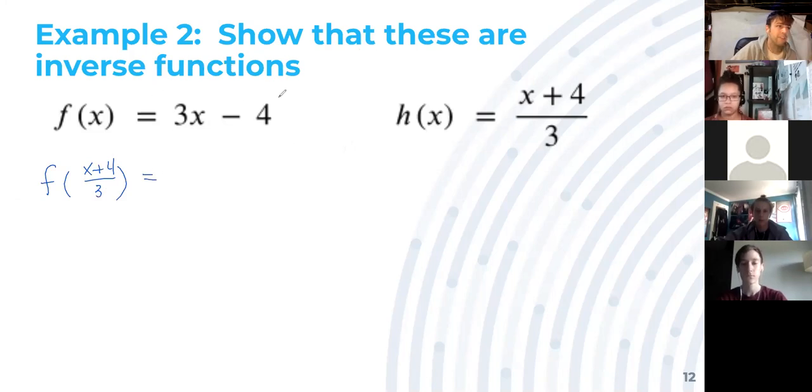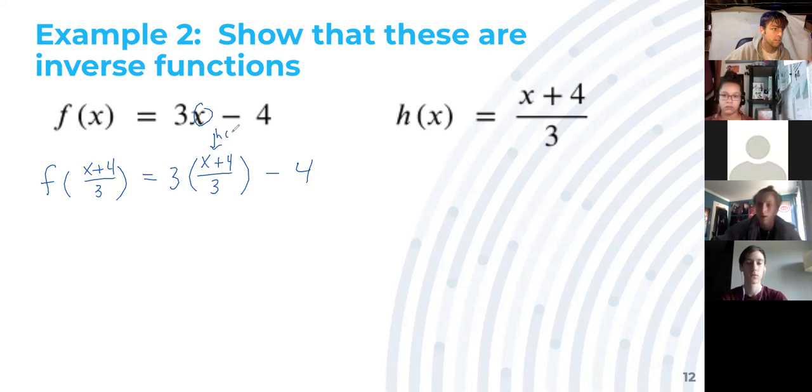So I'm going to take my function here, and instead of the x, I'm going to plug in that. X plus 4 over 3. So again, where the x was, I just plugged in the other function h of x. That's what's happening there. So that's my composition function where I put h inside of f.